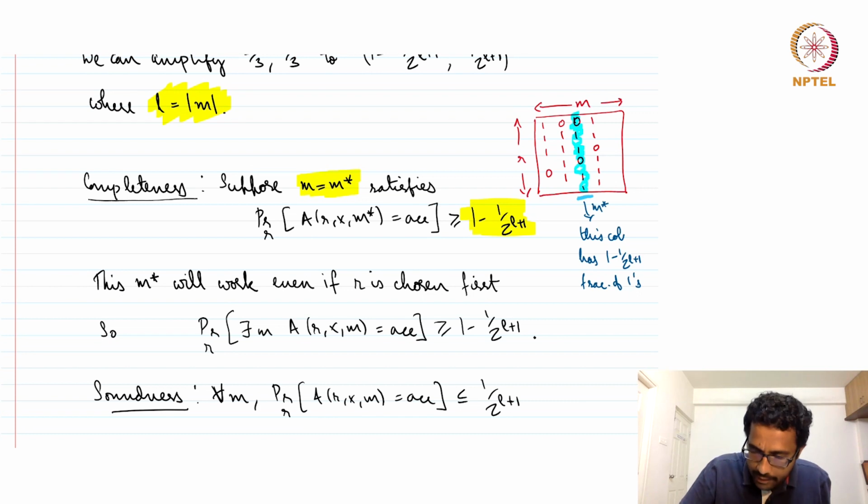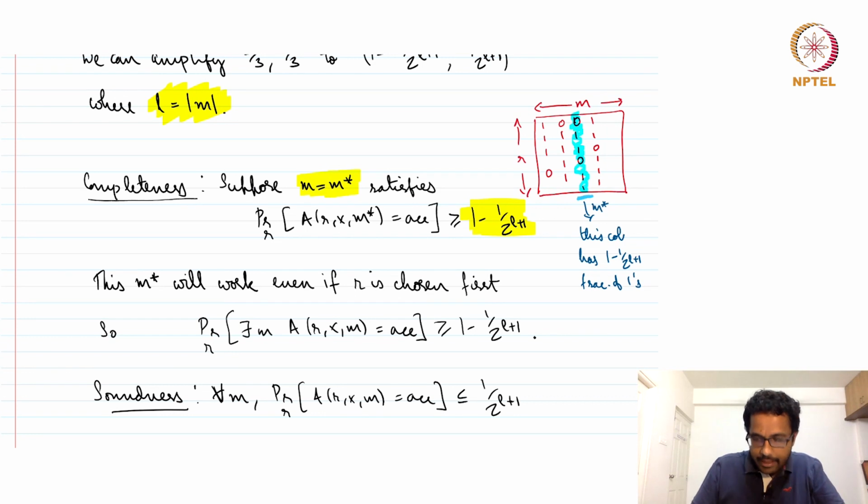So we know that already in this column a huge fraction are ones. Which means that for these rows where this column has ones, as long as a row has any one, that random choice of R is good. But already we know that a majority of the random choices of R are good because there is one column that has a huge number of ones.